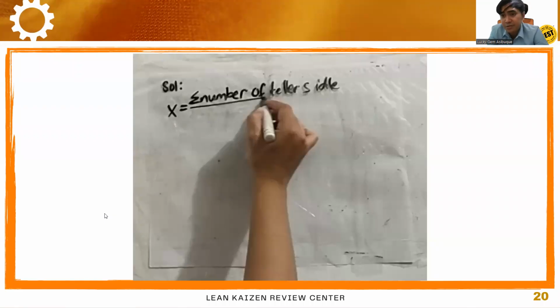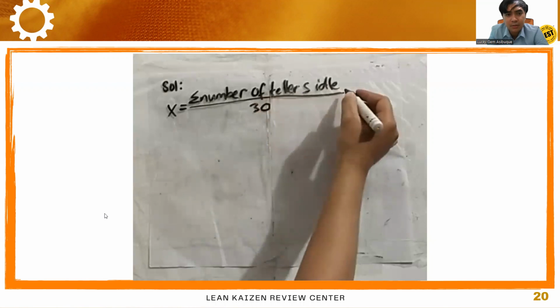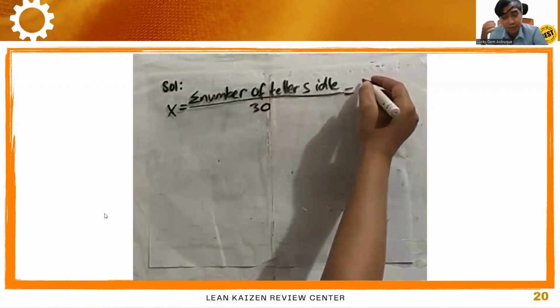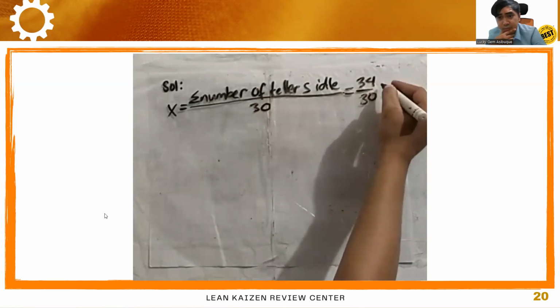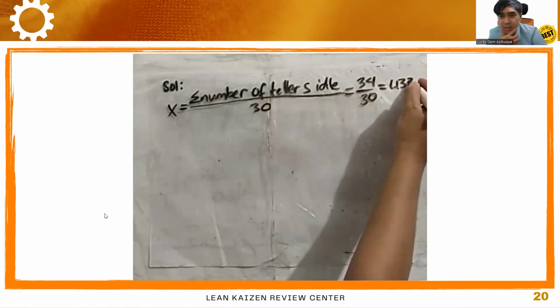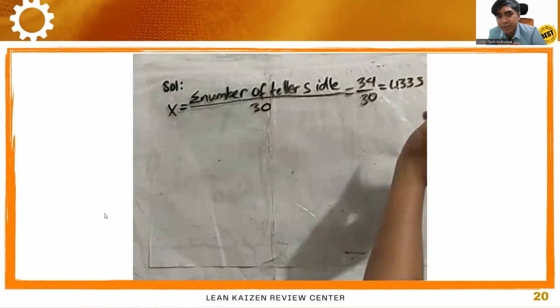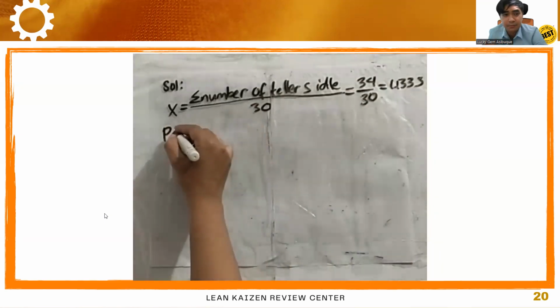Because it is what we are measuring here, the number of tellers idle, over 30 because there are a total of 30 observations. So we just sum those in the given data. So it is 34 over 30, which is equal to 1.1333.